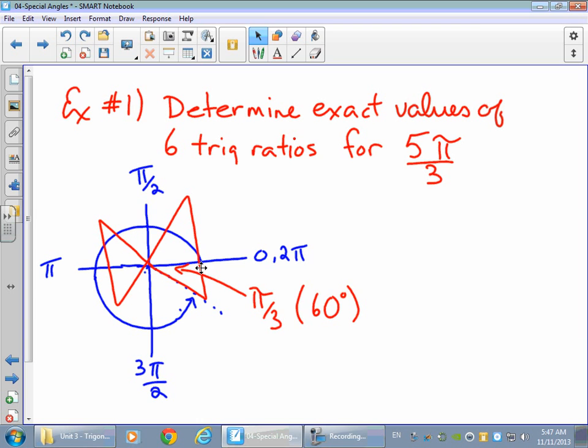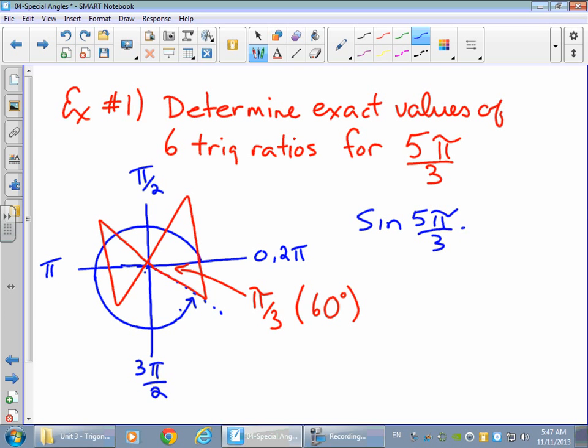So, asked to find the trig ratios then. And so we recognize that sine, cos, and tan, well, and the other two as well, sine of 5 pi over 3 is going to be equivalent to what was sine of pi over 3. However, because I'm in the fourth quadrant now, I want to recognize that down there, sine is going to be negative.